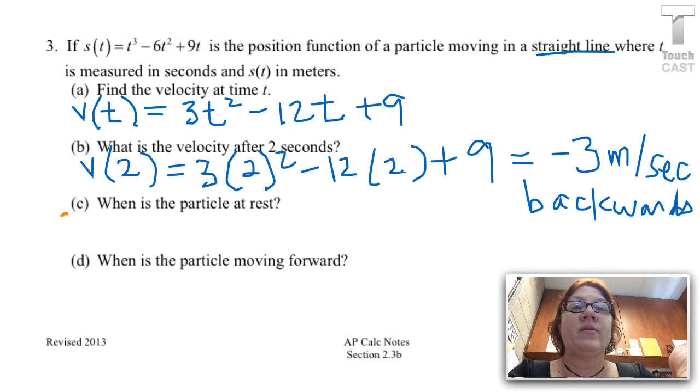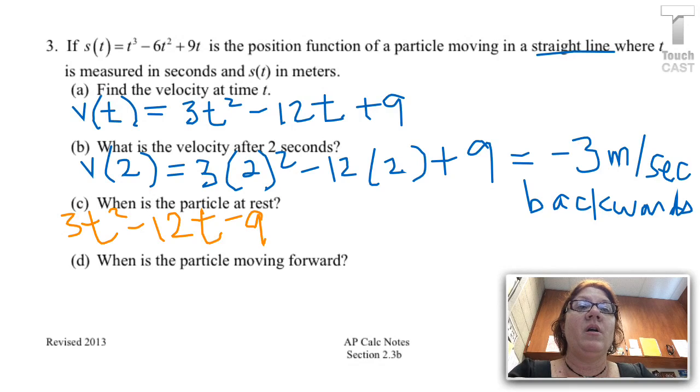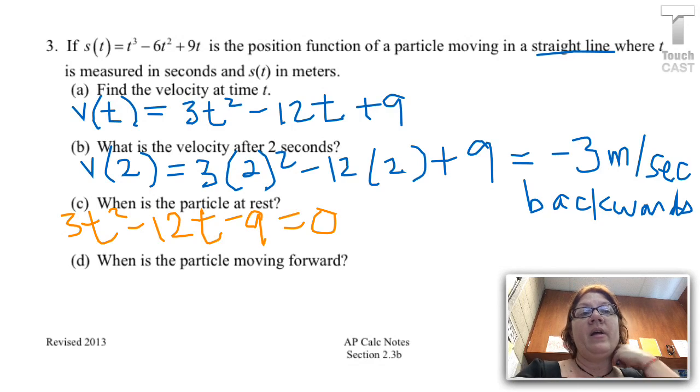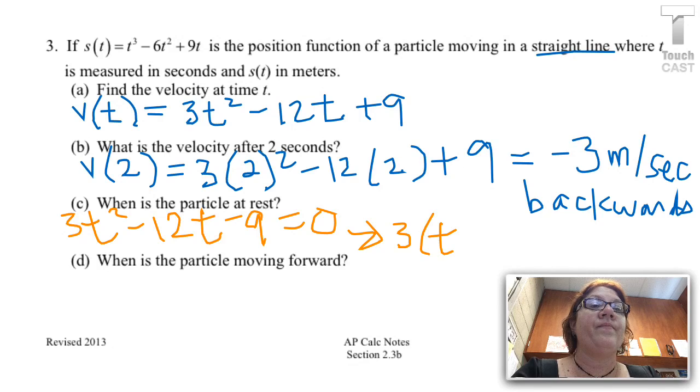So I'm going to take my velocity and I'm going to set it equal to 0. See, I don't even think you need me, you guys are just too smart now. And I'm thinking I can probably take a 3 out of this, which will make it much easier. And then I'm already thinking, I wonder what it factors to.